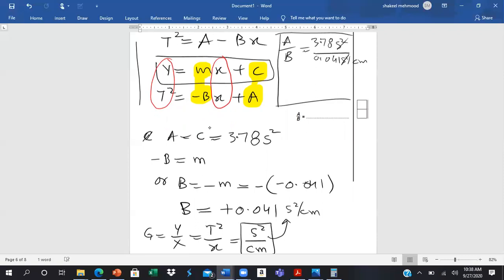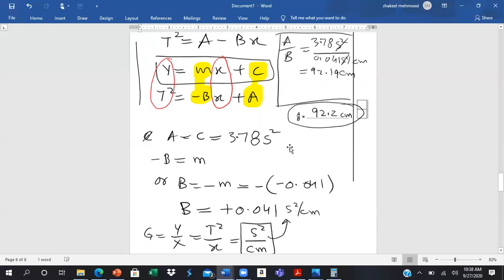So this second square goes away, and then what you have to do is you have to divide 3.78 with 0.041 to get your answer, that is 92.19, and this is centimeter, right? So you can write it as 92.2 centimeter. So beta, that is your answer.